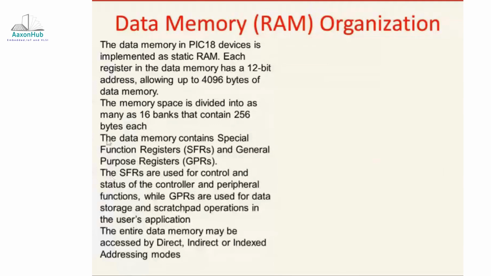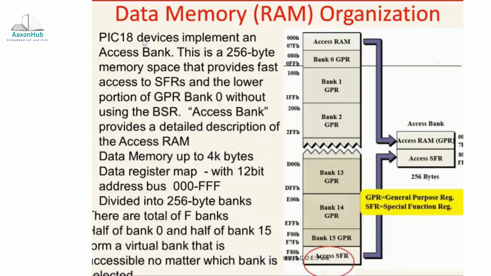Special function registers are used to control the status for any kind of peripheral or special functionality, whereas general purpose registers are capable of loading and storing data, even from scratchpad operation, where a user application is able to take your data. In short, this whole memory space you can utilize either directly or indirectly.